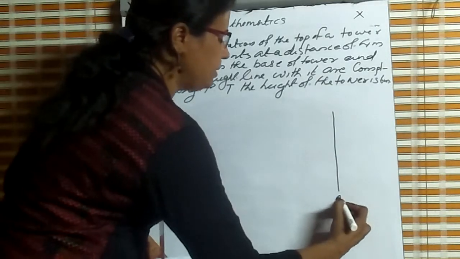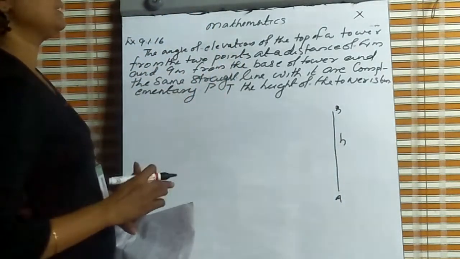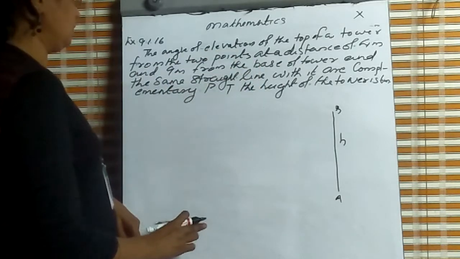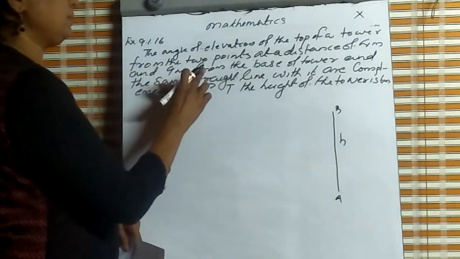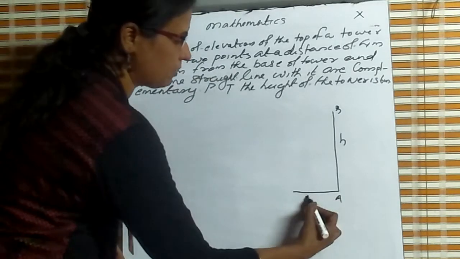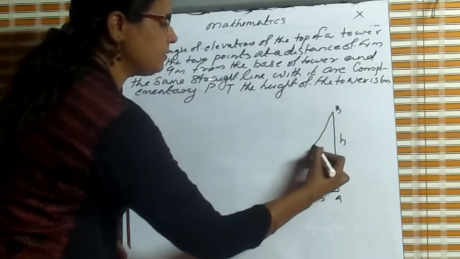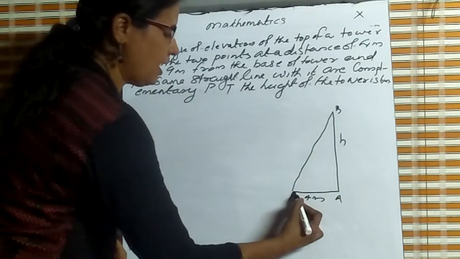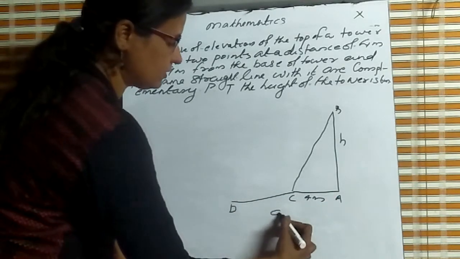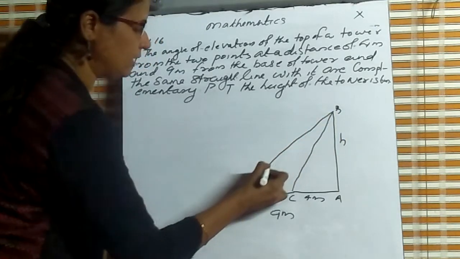Let AB be a tower. Its height is h. The angle of elevation of the top of the tower from two points at a distance of 4 meter and 9 meter from the base of the tower, on the same straight line. One distance is 4 meter, and from AD the distance is 9 meter. Again we have an angle of elevation.